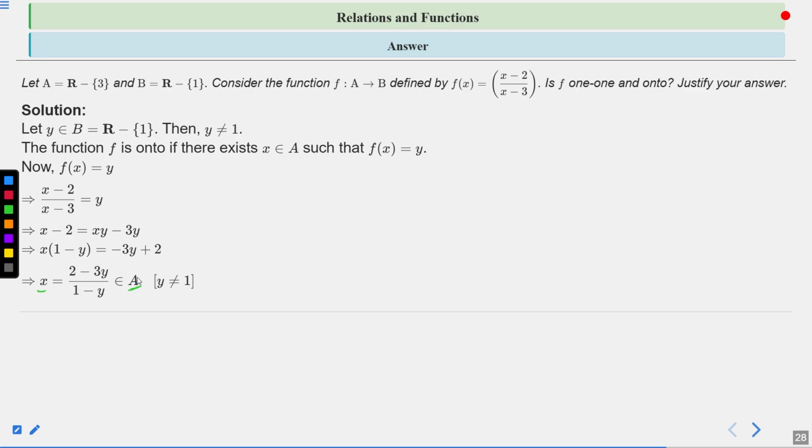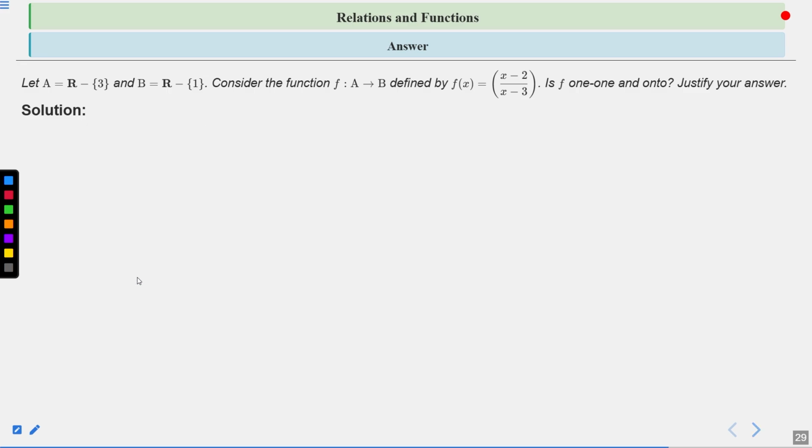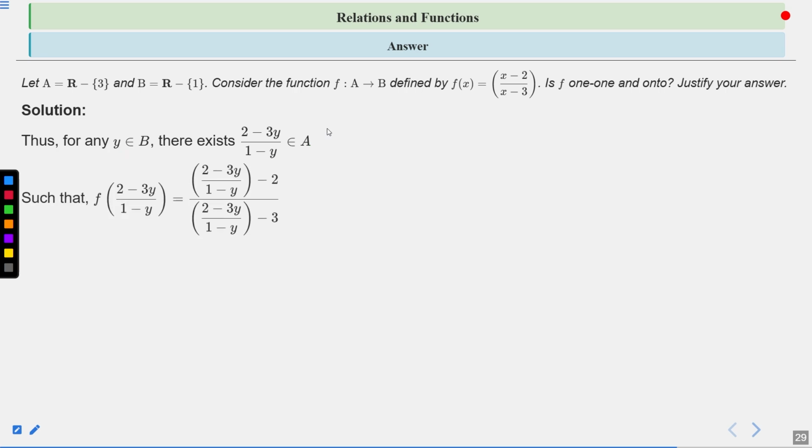So this satisfies all conditions. Thus, for any y belonging to the codomain set, there exists (2 minus 3y) by (1 minus y) which belongs to the domain set, such that f of this input equals y.